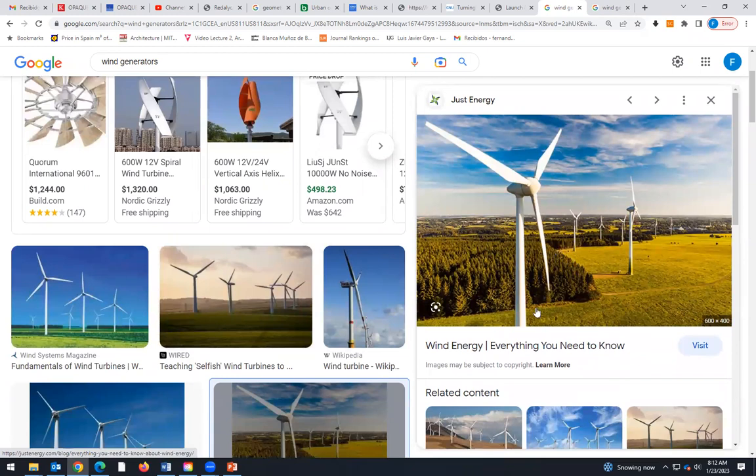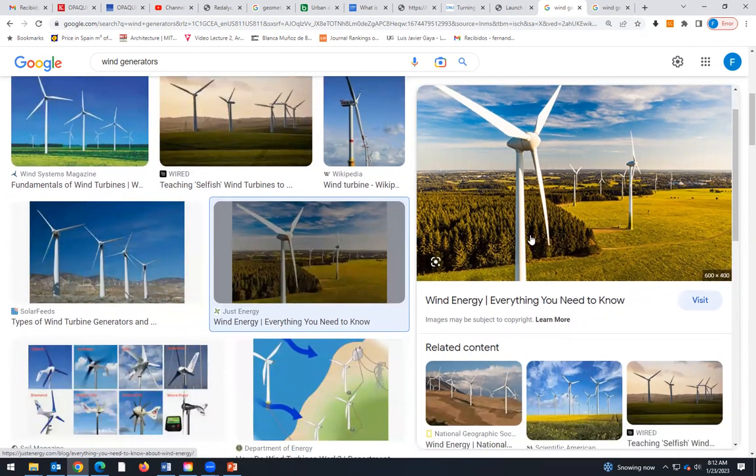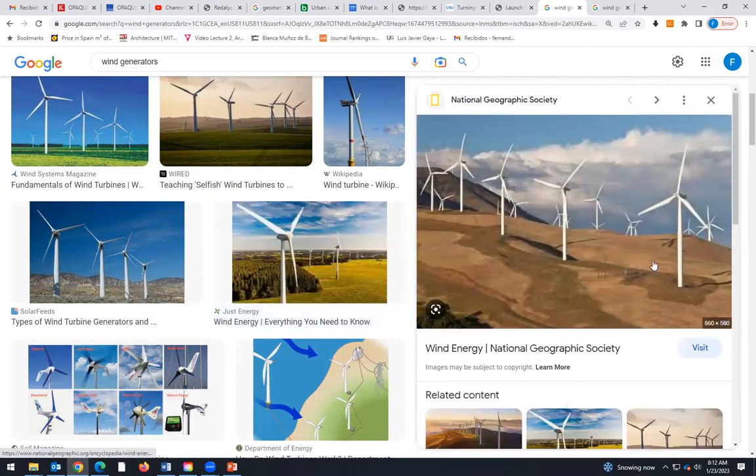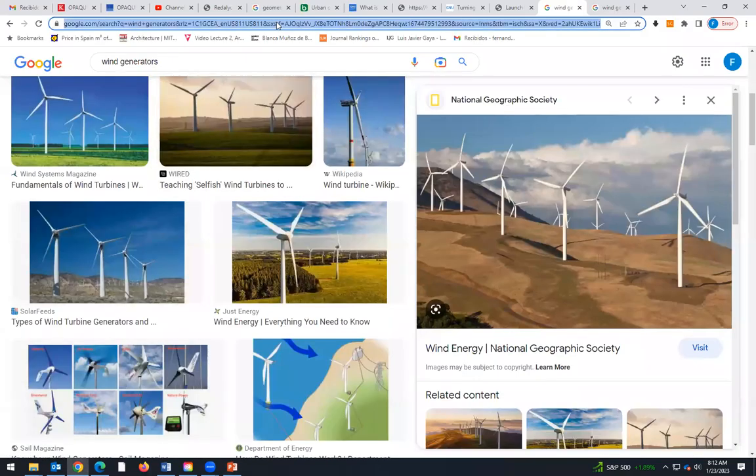And the problem with this is that we need a huge amount of area to generate electricity. So it impacts a lot of area. Installing just one of them doesn't make any sense. We have to install lots of them to generate enough electricity. So that's the wind. Then we have the geothermal. What is the geothermal energy?